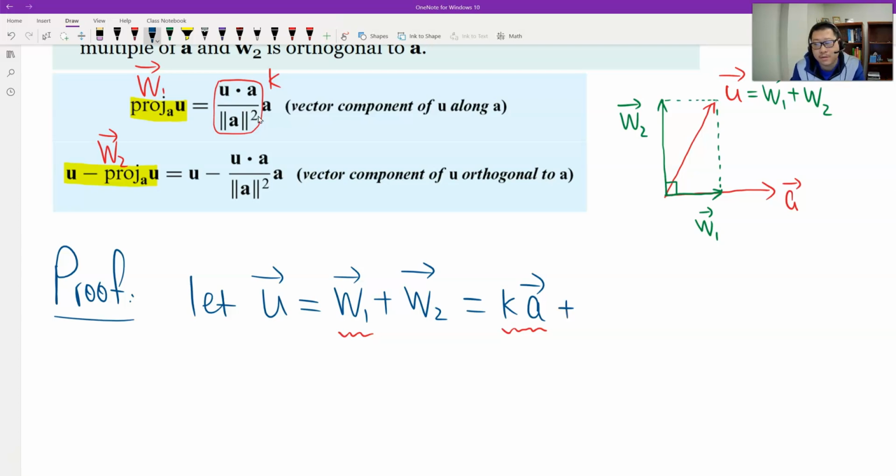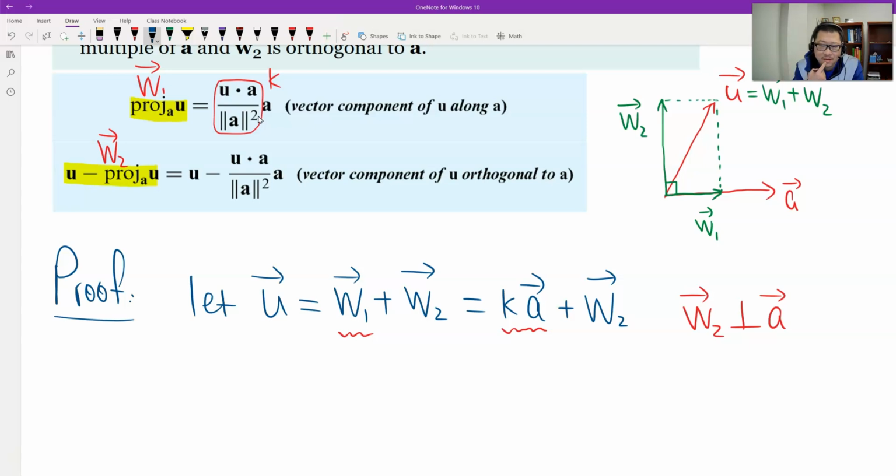Then what is w2? Of course, I don't know, and that's okay. The basic fact is that w2 should be orthogonal, or perpendicular, to w1, which is along a. Then we solve.